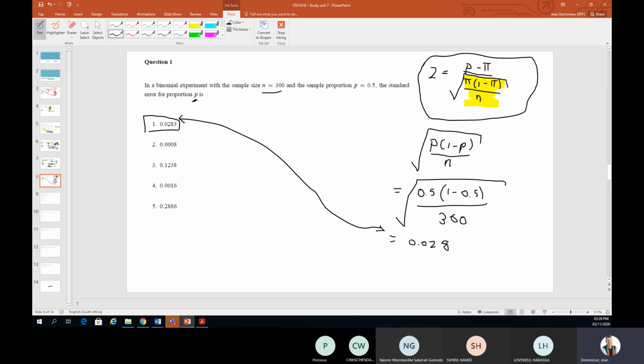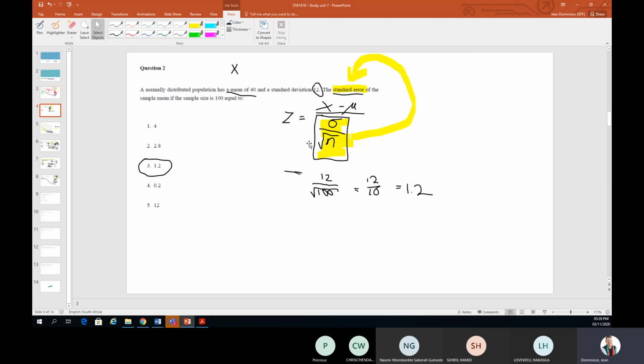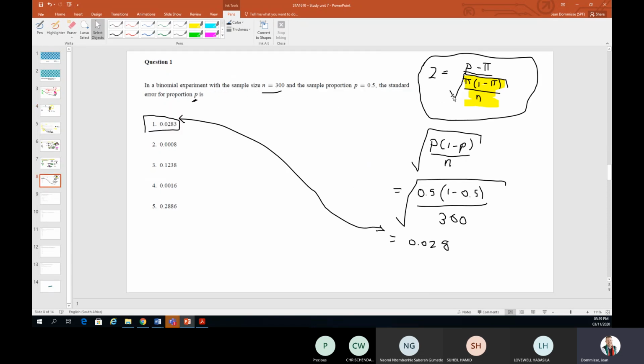So basically the standard deviation or the standard error, like in the one with the mean, it's basically looking at the part that you divide by. So the same for the proportion, you're looking at that part, and then you've got the probability of a sample proportion, which is 0.5.